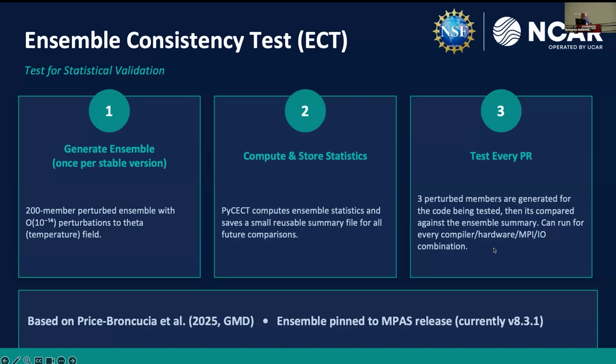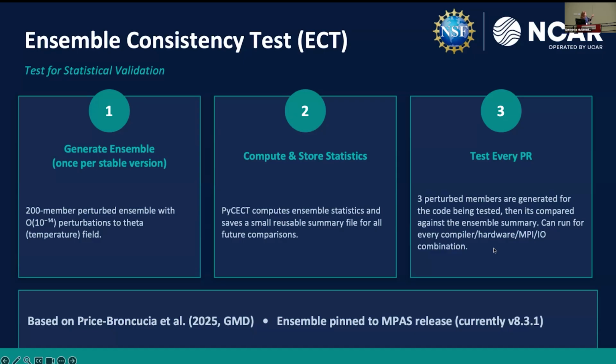Then you do statistical analysis using the PyCECT library, which calculates the ensemble statistics. So it'll describe the variable output from your perturbed runs as kind of a curve with some understood variance and distribution.